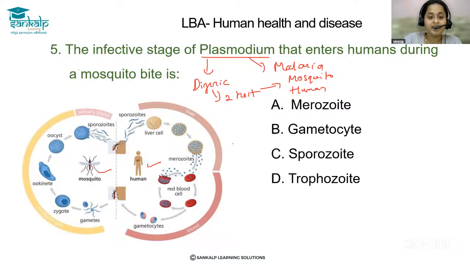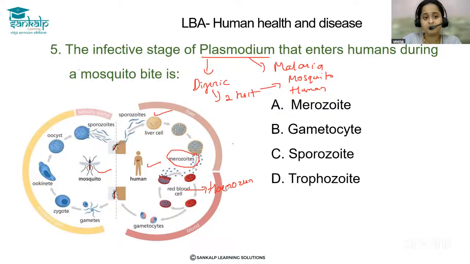When it bites the human, the sporozoites infect the liver cells, and inside the liver cells they multiply and become merozoites. These merozoites affect our RBCs, and after that the RBCs release hemozoin, which is a very toxic substance.